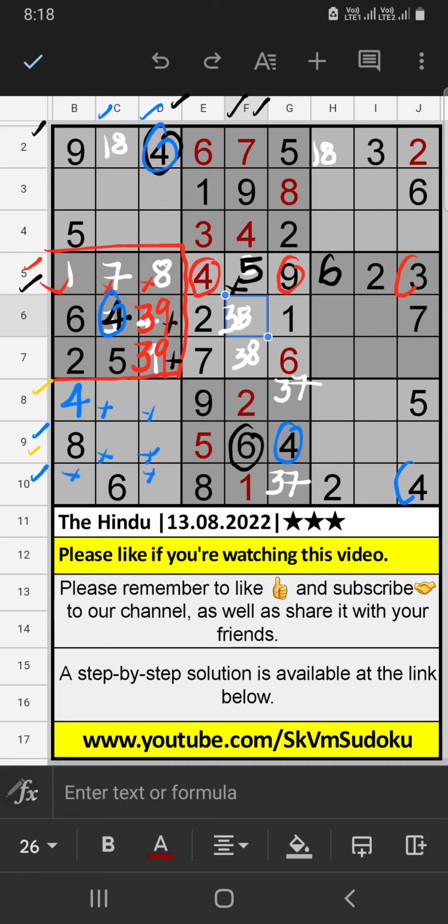8th row and 9th row, we have 5. Column B also we have 5. So 5 can't come in these cells. Then 5 is confirmed here. Column B, column C, and 8th row, we have 9.